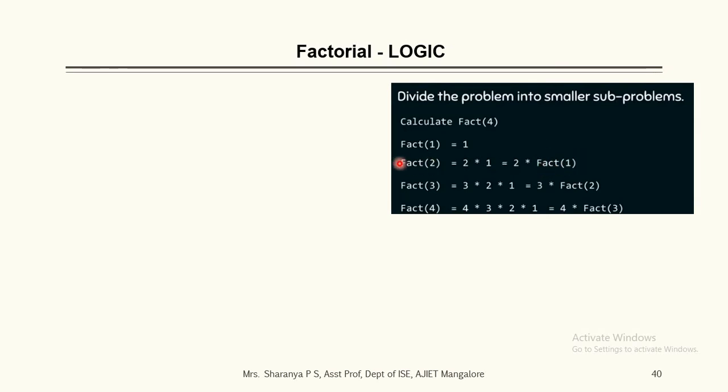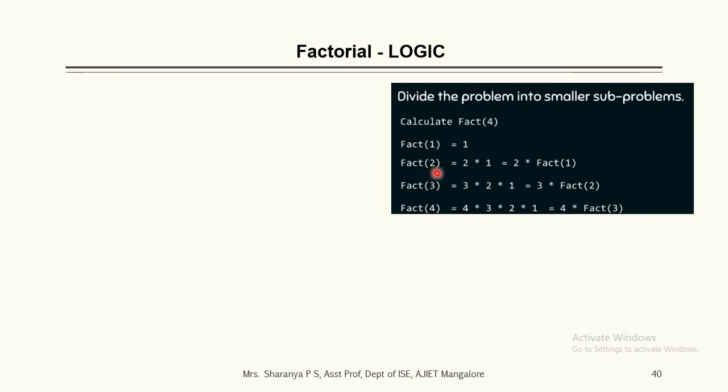Yes. When we refer to factorial of 2, that is 2 into 1, this 1 is nothing but the factorial of the previous number, which we have already calculated, so we can write it as 2 into factorial of 1. That is, factorial of 1 is a function that will calculate the factorial of 1. Coming to the next, 3 into 2 into 1: 2 into 1 is the result obtained from the previous iteration.